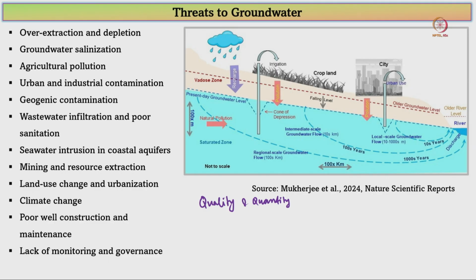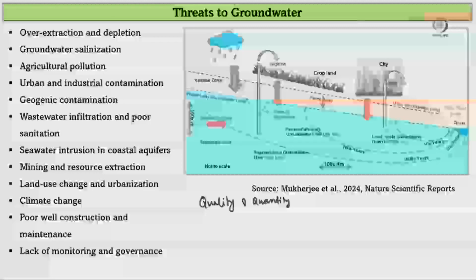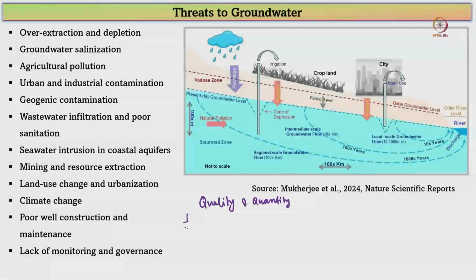Let us begin with the first fact that I would like all of you to know: India is the largest groundwater consumer in the world. India itself consumes almost 1/3 of all groundwater on earth.